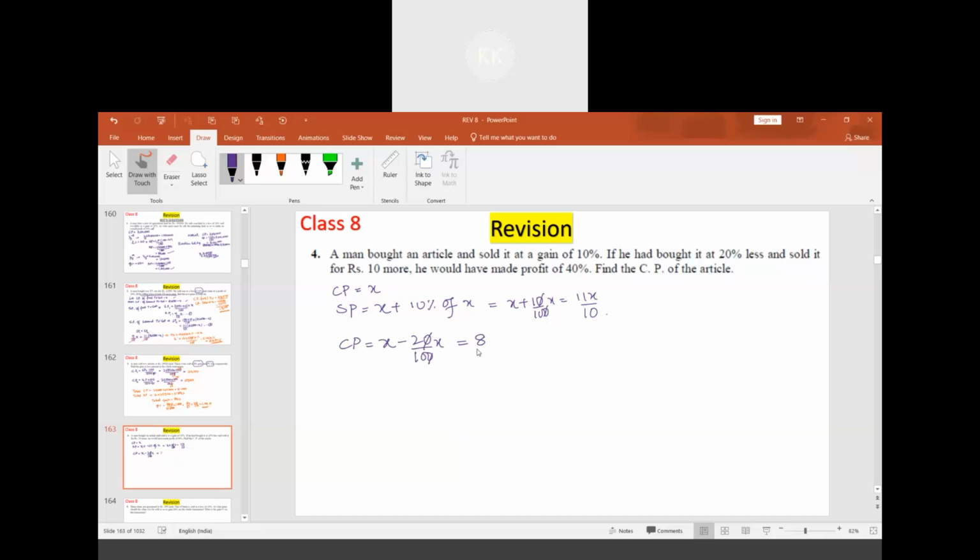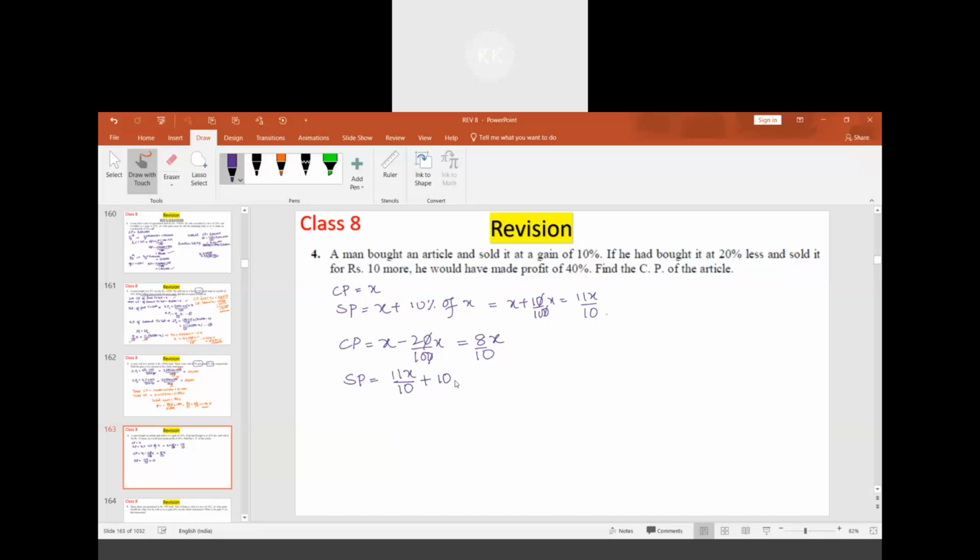This will be the cost price. The SP would be 11X by 10 plus 10 rupees, so 10 rupees more.